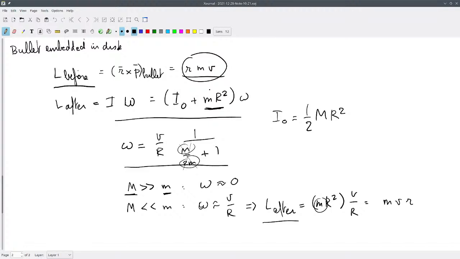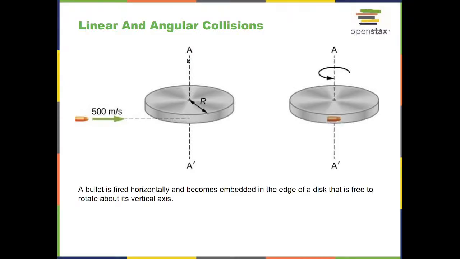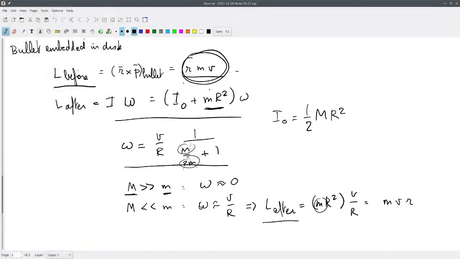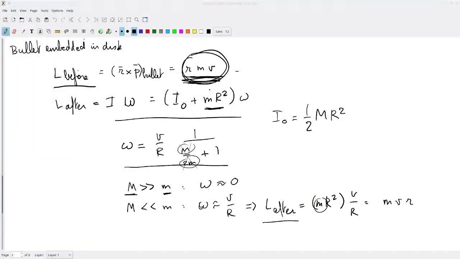In the case of the initial state, because this is an individual particle, an individual mass that is going in a linear motion, we don't have an omega yet at this point, right? So we can't write this term r times m times v in terms of an initial angular velocity, because there is no angular velocity yet. We're still moving linearly.